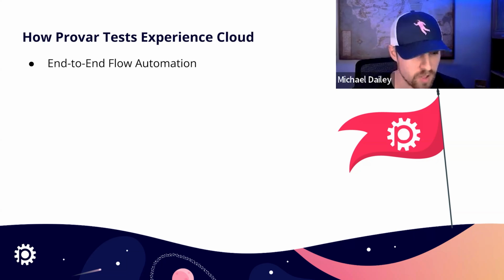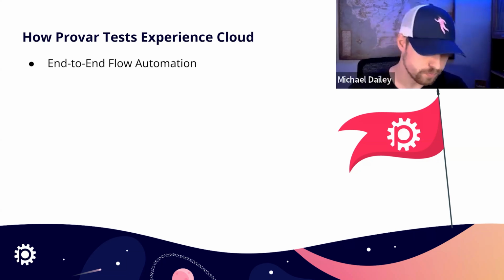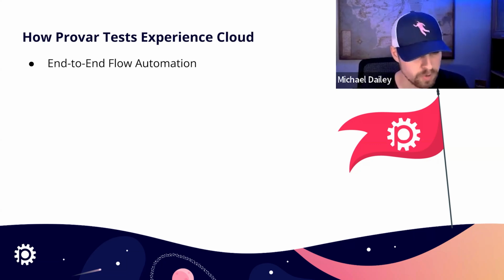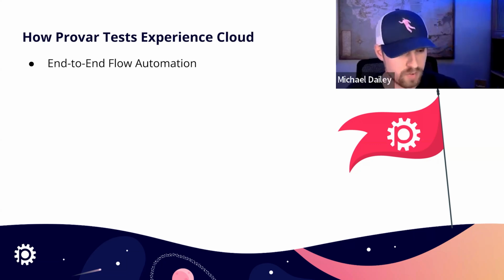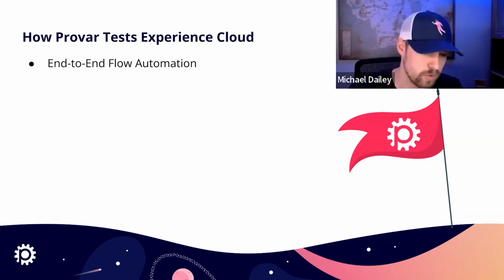So you can do the back-end validations without having to go into Salesforce and verify it manually there. And then, of course, there's support for multiple different types of database testing. If you have databases that are interfacing with Experience Cloud and you want to verify that from the back end, we can do that there as well.